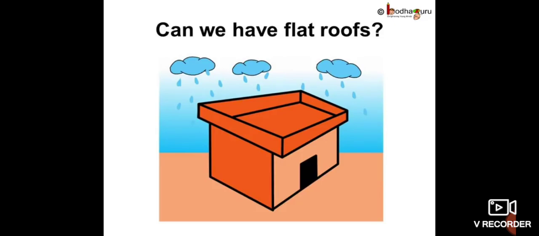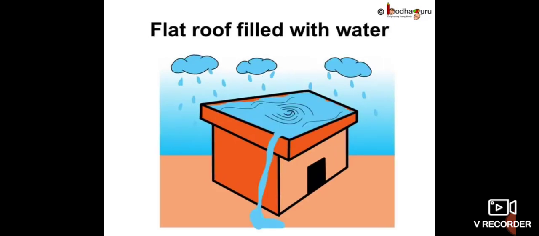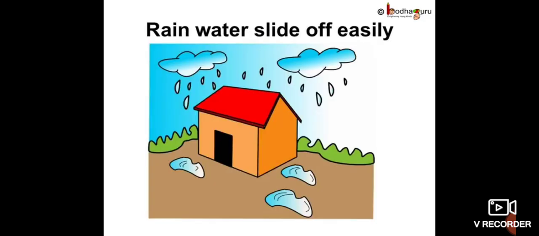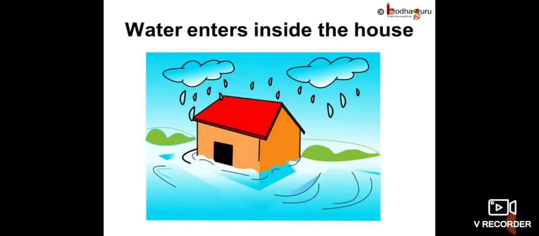What kind of houses should be there where it rains a lot? Firstly, we cannot have flat roofs as the rainwater will collect and damage the house. So they should have sloping roofs. Secondly, if the house is on the ground, the water will enter the house and all the rooms will get filled with water.